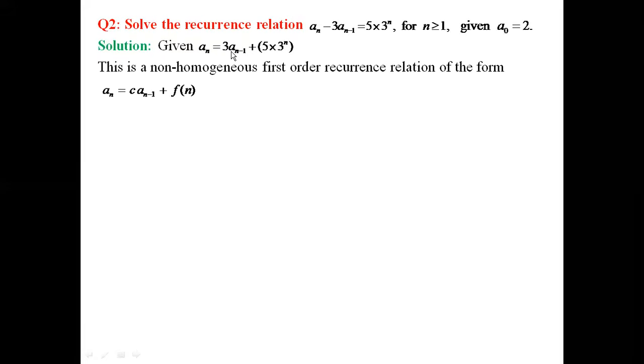So we are able to compare it to the standard form and obtain the value of c as well as the value of f of n. On comparison, c value is 3 and f of n value is 5 into 3 power n.